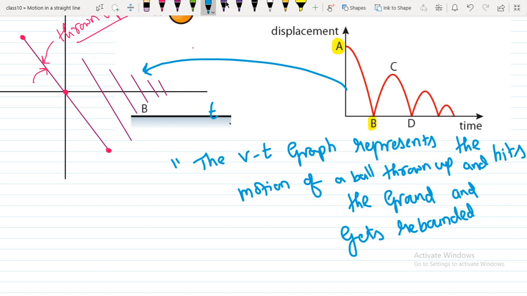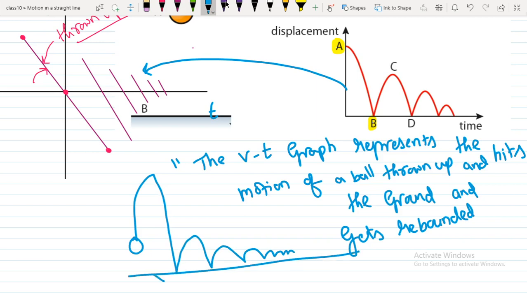Suppose the ball is thrown up here, again it falls on the ground, again it falls, again it falls. So like that its position changes. This is the ground. This represents the displacement versus time graph, x versus t, and this represents the velocity versus time graph for this situation.